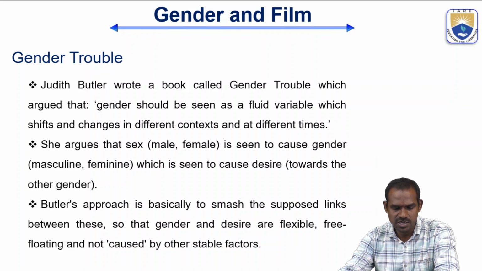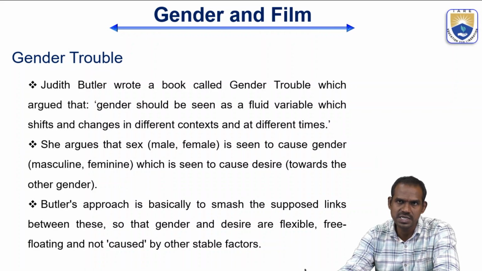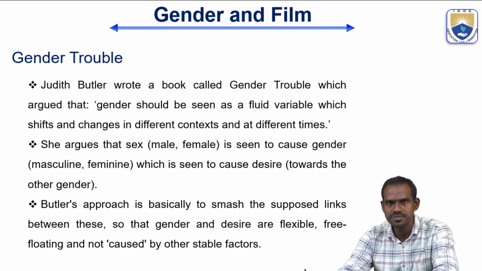What Judith Butler argued? She wrote a book named Gender Trouble, which argued that gender should be seen as a fluid variable which shifts and changes in different contexts and at different times.